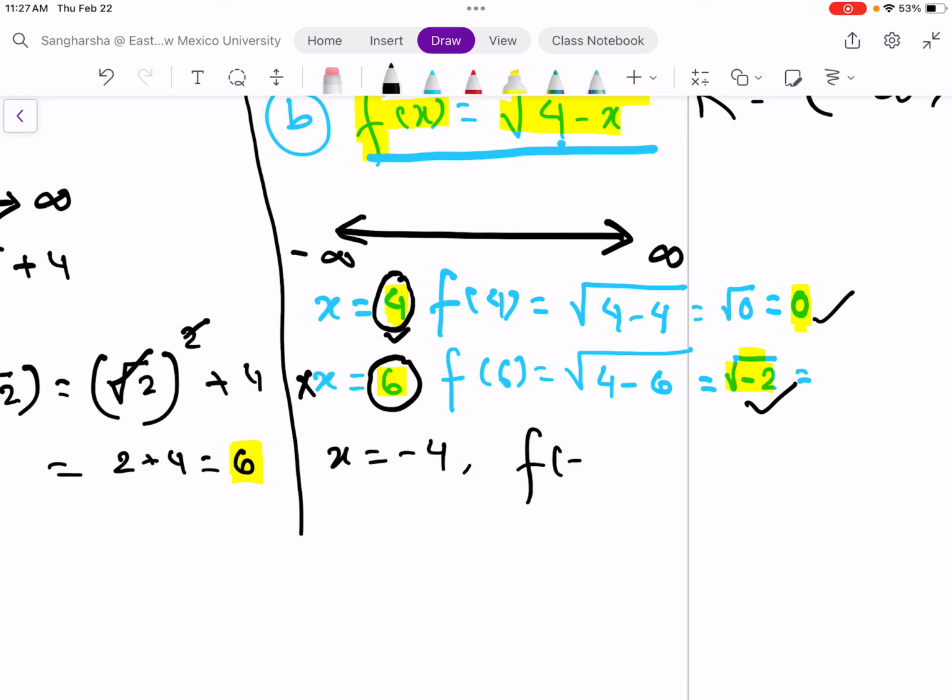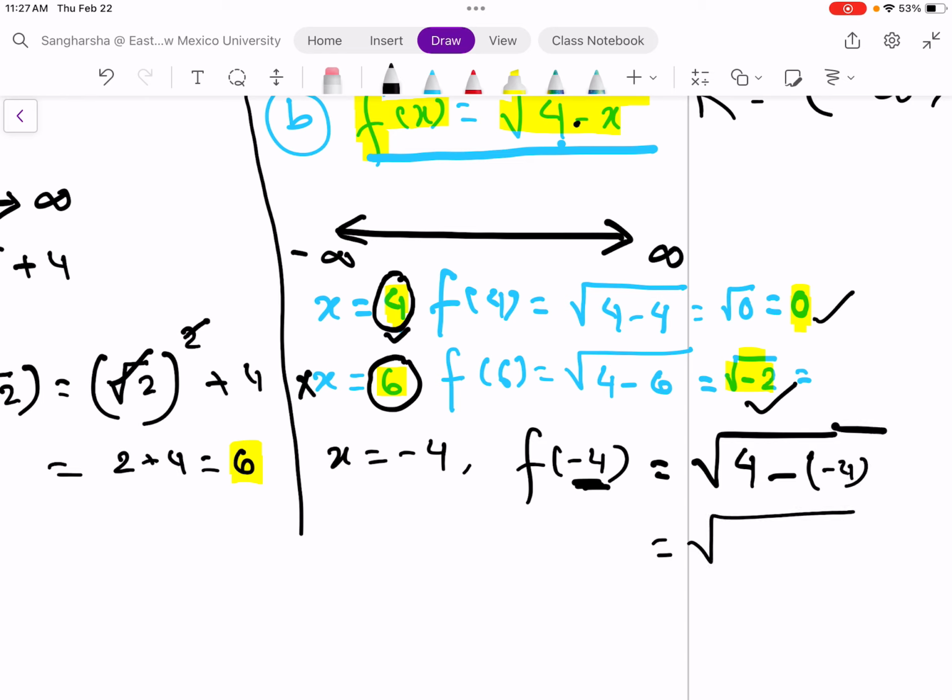You substitute negative 4 for every x. We have the square root of 4 minus x, and x is negative 4. We have the square root of 4 minus times minus 4, positive 4, which equals the square root of 8. And this is a real number, right? We get a decimal. So whenever your input is negative 4, we have a real number as our output. It means negative 4 is in the domain.